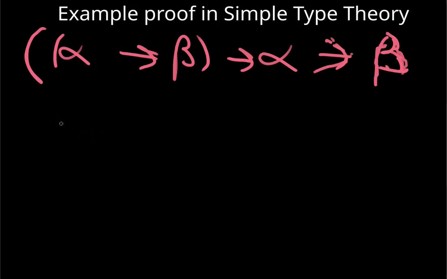So in a flag style proof, you can do a couple things. You can introduce variables. This is like how you do it in programming languages. And when you introduce a variable, you plug something into the scope, into the context.